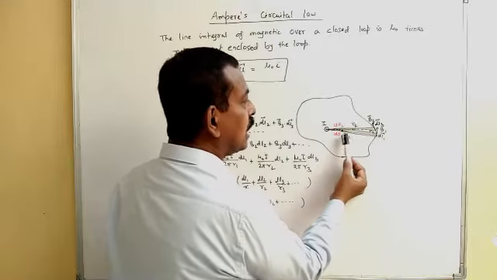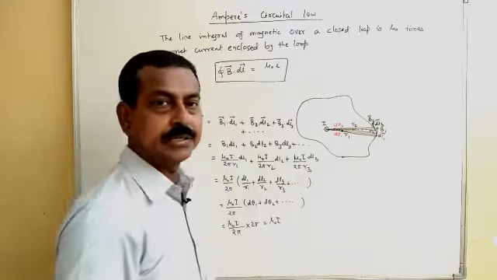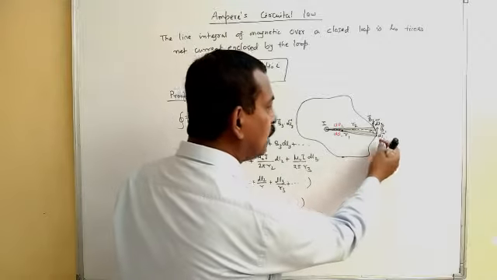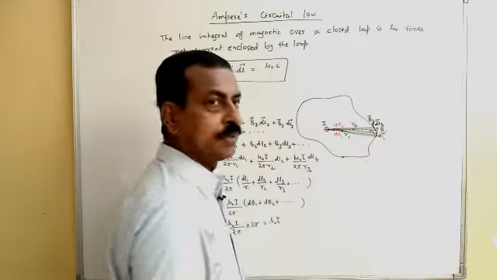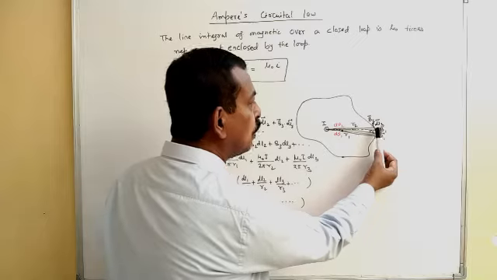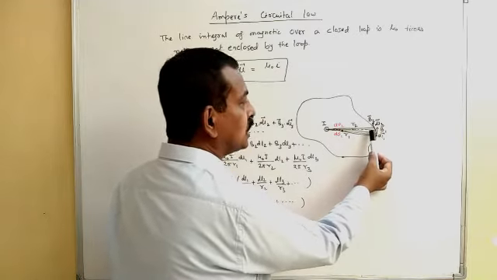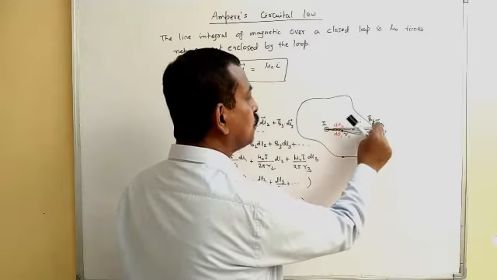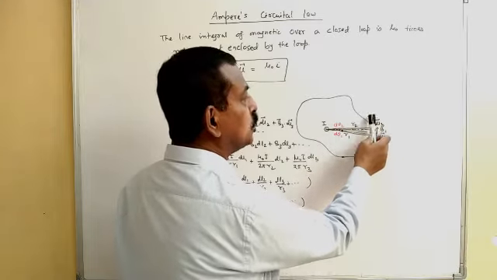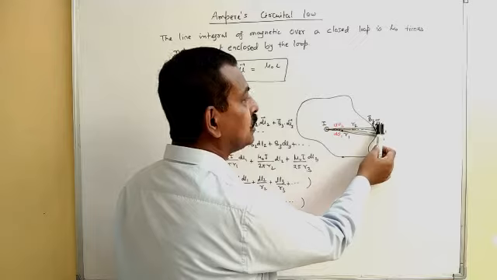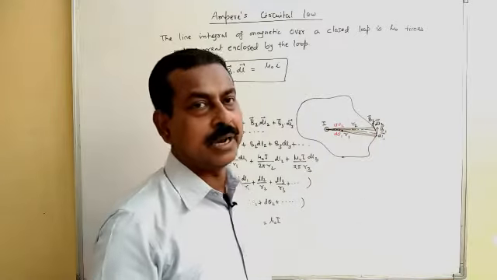This is at a distance R1 from this current, and we take an elementary length dl1. Similarly, for the other point which is just close to it at a distance R2, suppose the magnetic field there is B2, and the elementary length we are taking as dl2.